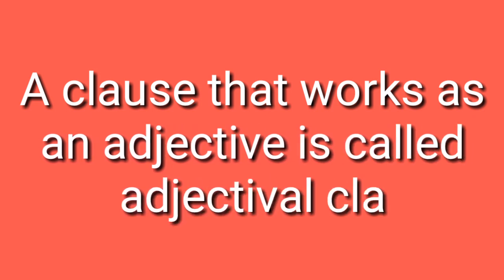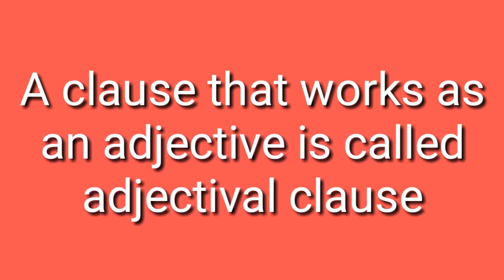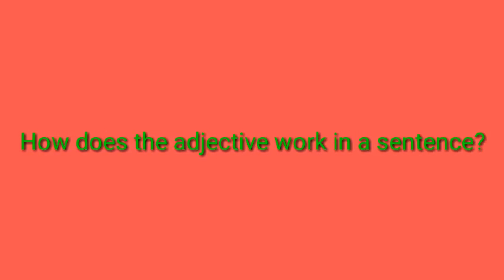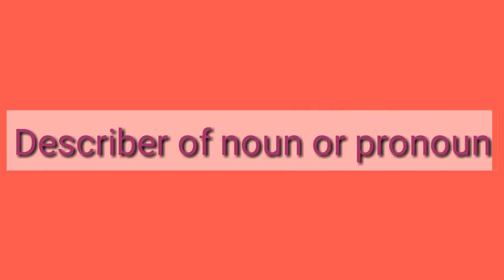And a clause that works as an adjective is called an adjectival clause. How does an adjective work in a sentence? An adjective works as a describer of a noun or pronoun.